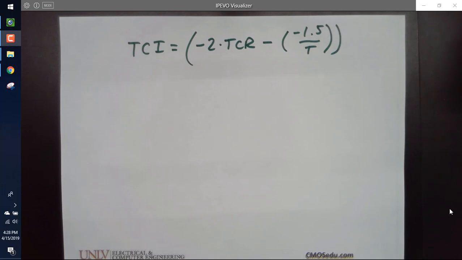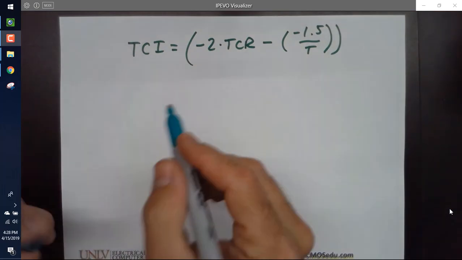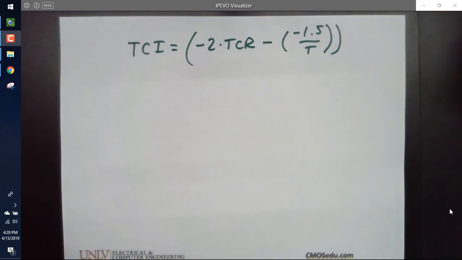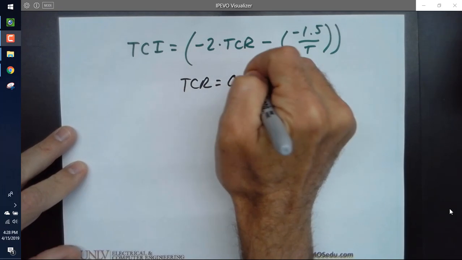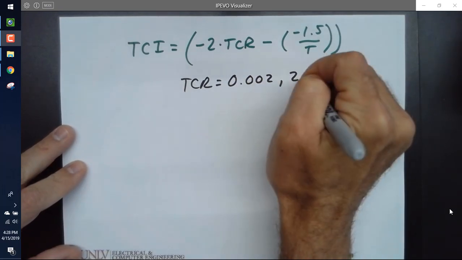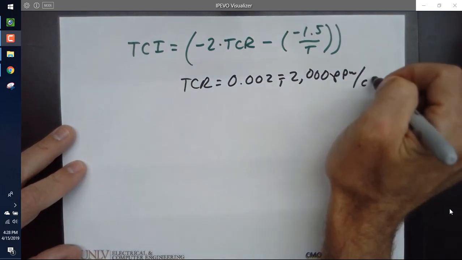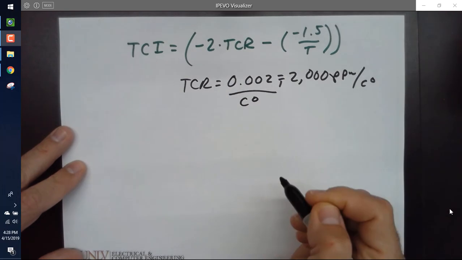See, in industry, temperature behavior is really important. You design stuff that only works at one temperature, that ain't good. Okay, so let's say that, for example, in our simulation, we'll say TCR is equal to 0.002 or 2000 ppm. And of course, this is per degree C or Kelvin.